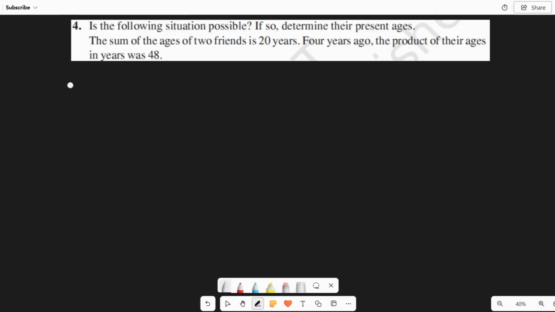Moving to the next question, it states: is the following situation possible? If so, determine the present ages. The sum of ages of two friends is 20 years. 4 years ago, the product of their ages in years was 48. Okay, so let us say that the age of one friend, that is the first friend, be x years.